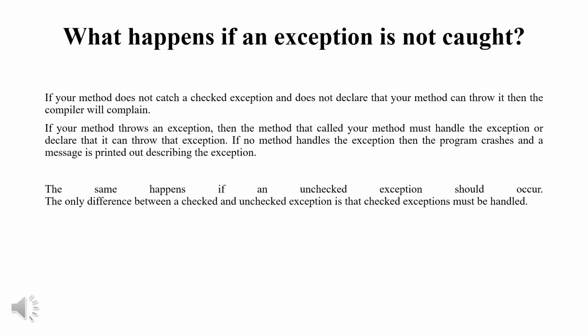If you have a method that throws an exception, then you call that method inside another method, the method that called the first method also needs to handle the exception or declare that it can throw that exception, right? That's very obvious.